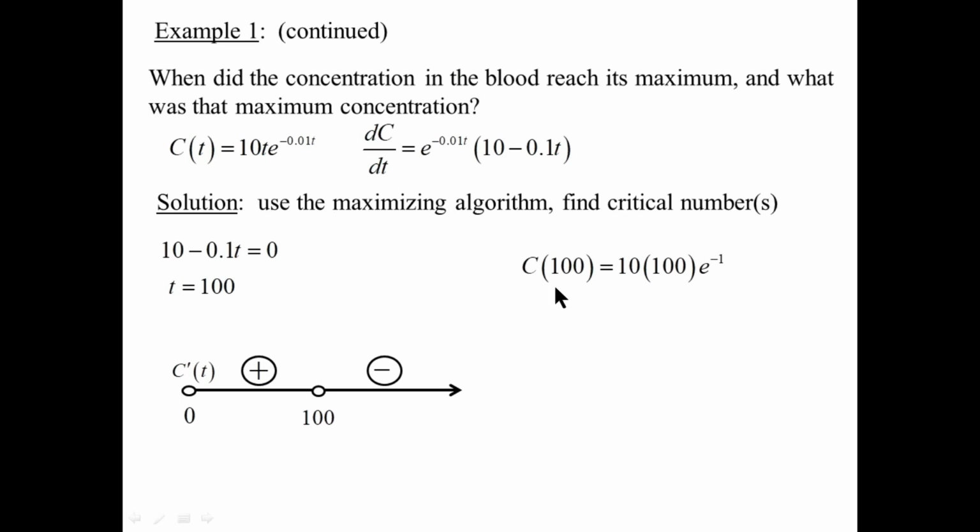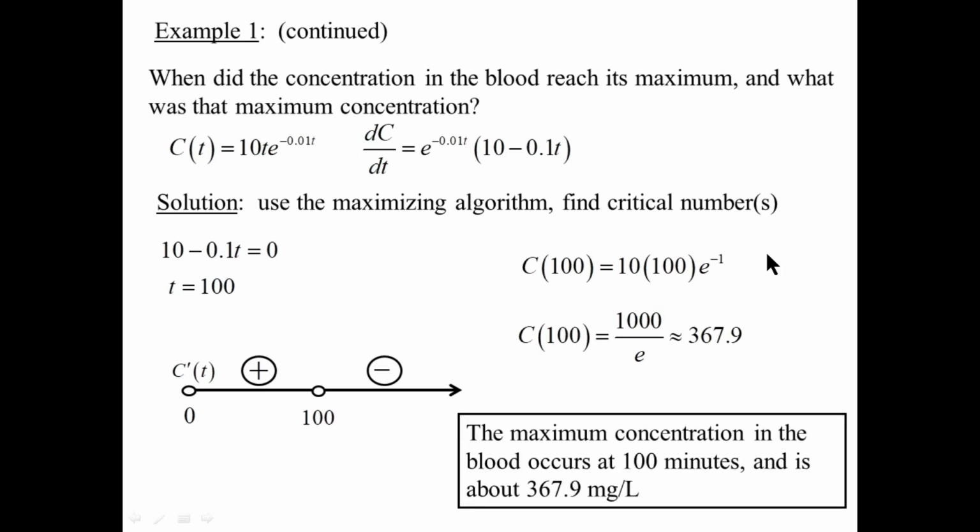We'll achieve C of 100 by plugging in and doing the math, and what we have is 1,000 over e, which is about 367.9. And now we can make our final statement. The maximum concentration in the blood occurs at 100 minutes and is about 367.9 milligrams per liter.